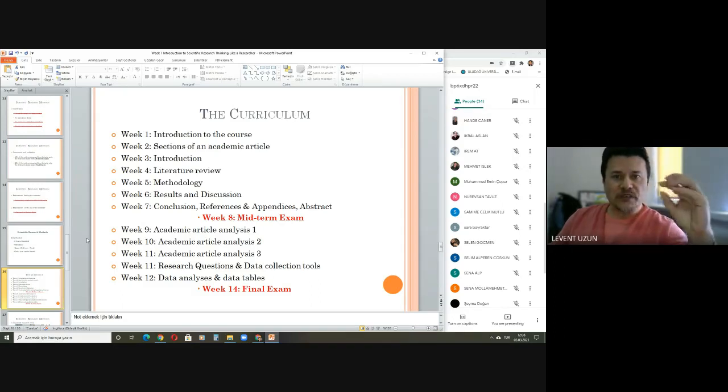So we've got specific sections, and in each of these sections, we need to include specific information. There are some parts that we need to include in these sections, and we will talk about these. We will analyze them, and we will be dealing with academic articles during this semester.